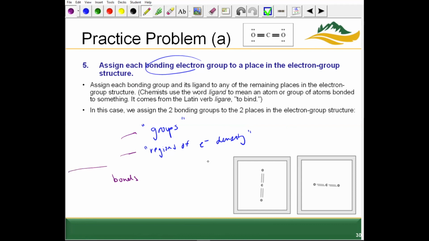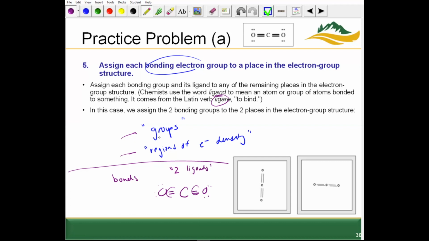Just in case you hear this terminology as well, the word ligand can be used to mean an atom or group of atoms bonded to something. So that means here we have two groups around the central carbon. We have two regions of electron density. In case you see this terminology then, this also means we have two ligands around the central atom.